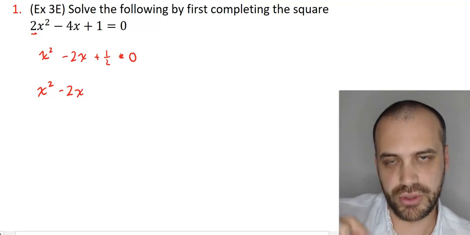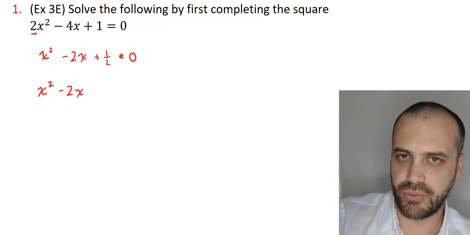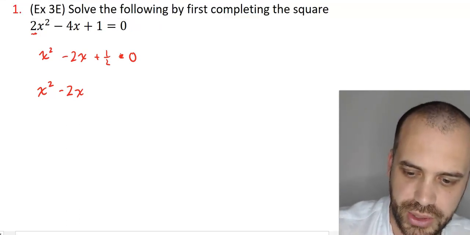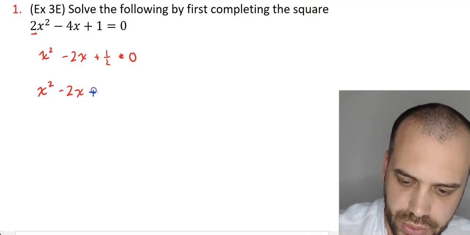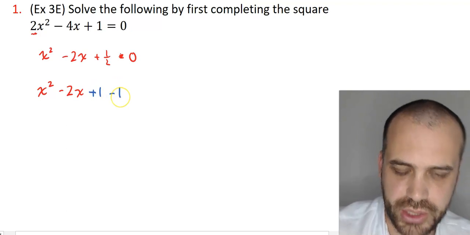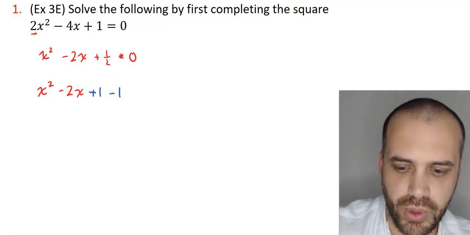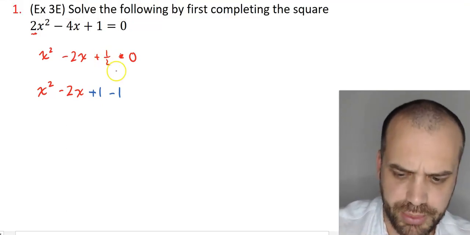Half of negative 2 is negative 1, and then the square of negative 1 is 1. Okay, I'm going to do this in a different color because the thing I do here is a little bit strange. Plus 1, minus 1. I do this because I don't want to change the equation in any way, but it's useful to do that. And now I've got this plus half here.